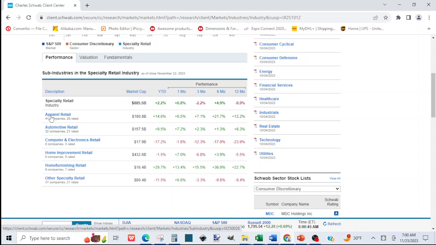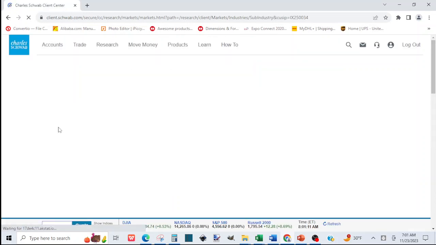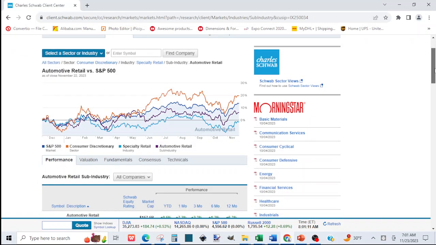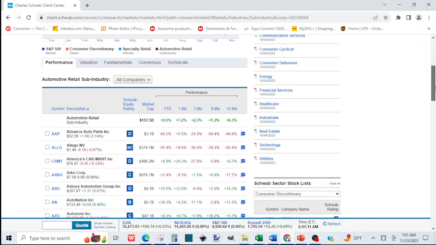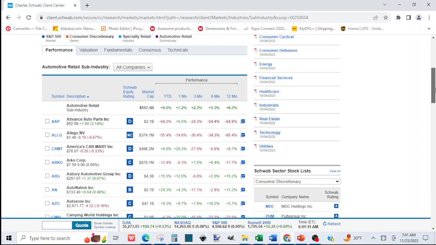In the previous video, we searched for dividend stocks in the apparel retail. Today we are going to look for stocks in the automotive retail sub-industry. And we will see the companies in them.